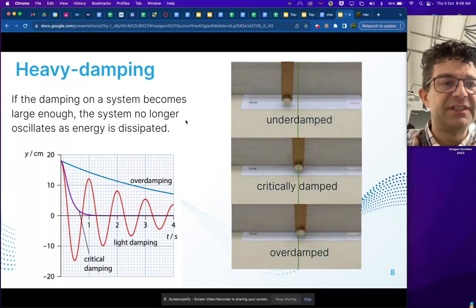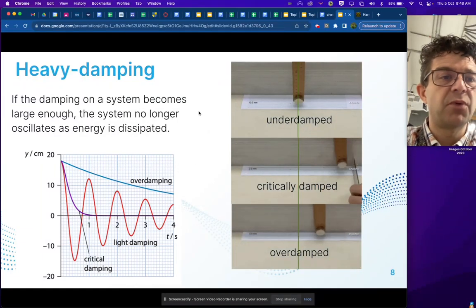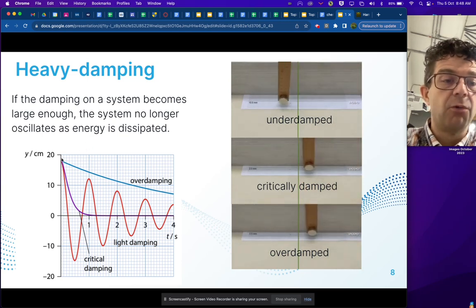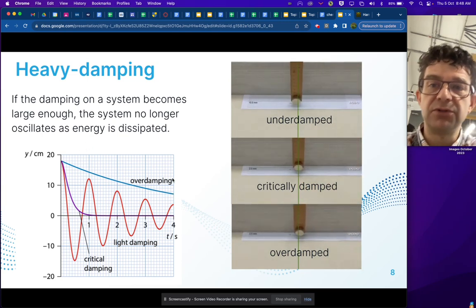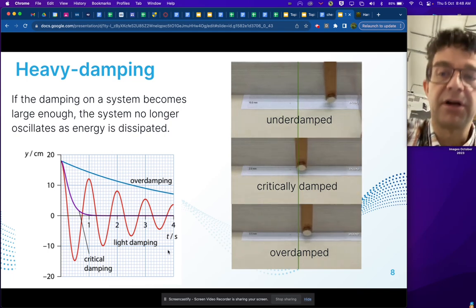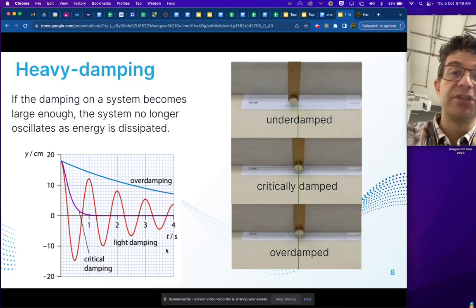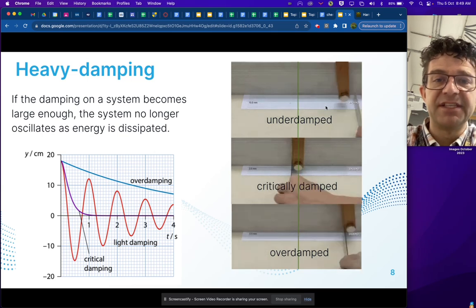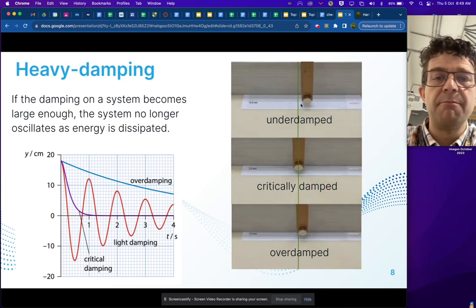I'm hoping that you've seen a demonstration at this point for larger damping. When the energy per cycle is pulled out very quickly, we no longer have what would be called an underdamped or lightly damped scenario, which is like this animation at the top here, where many oscillations are completed before this comes to rest.